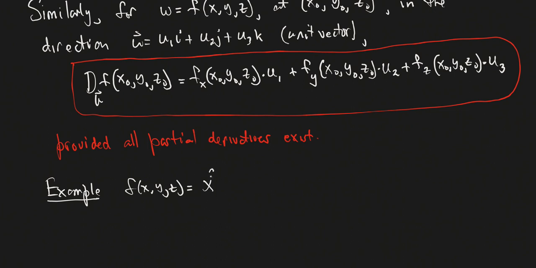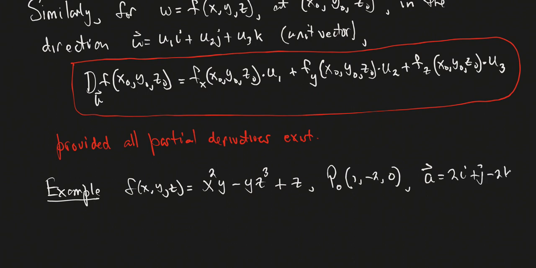It is x squared y minus y z cubed plus z. And here's our point: 1, -2, 0. And then let's say our direction is a, and there's a reason why I'm using a and not u: 2i plus j minus 2k.